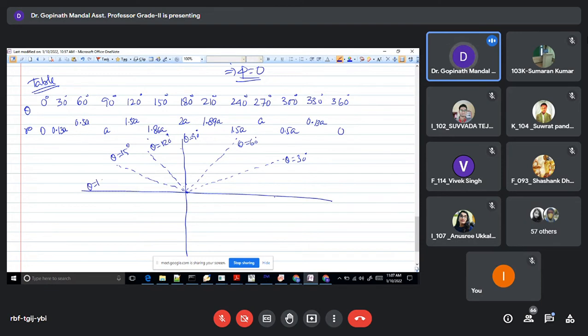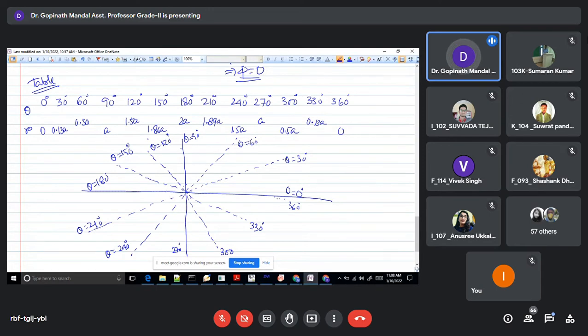Theta equal to pi, that is 180. Theta equal to 210, 240, 270, 300, 330, and this is 360, and theta equal to 0.